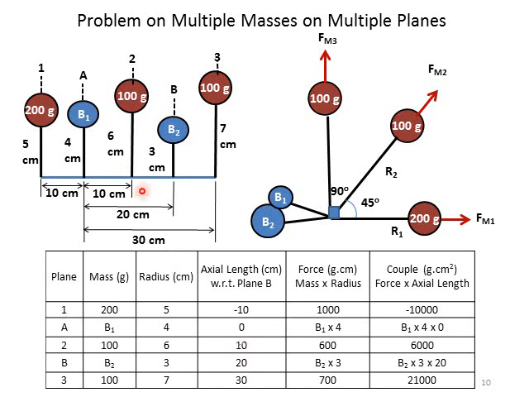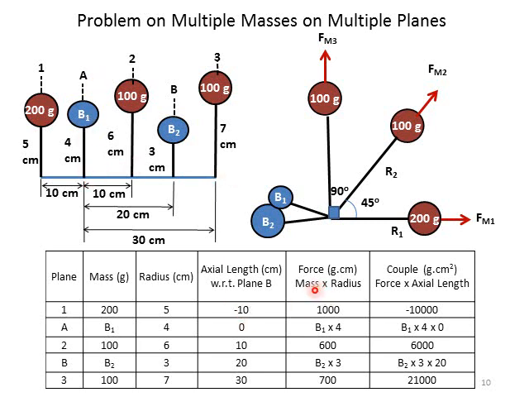Similarly, distance 10 is from this arbitrary plane to the unbalanced mass at gear 2. Then 20 centimeter is the distance from the arbitrary plane to the balancing mass B2, and the last, 30 centimeter, is the distance to the unbalanced mass of 100 gram at gear 3.